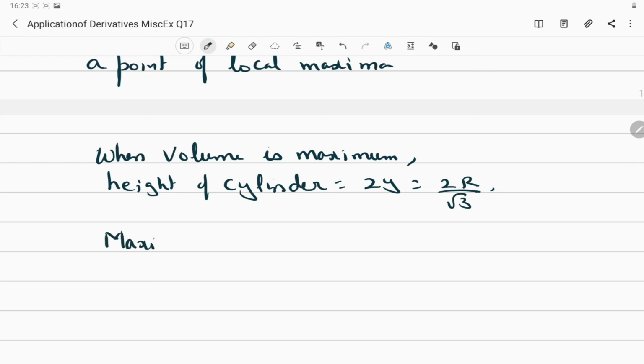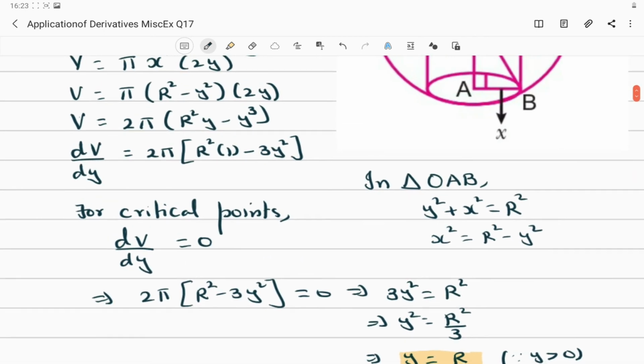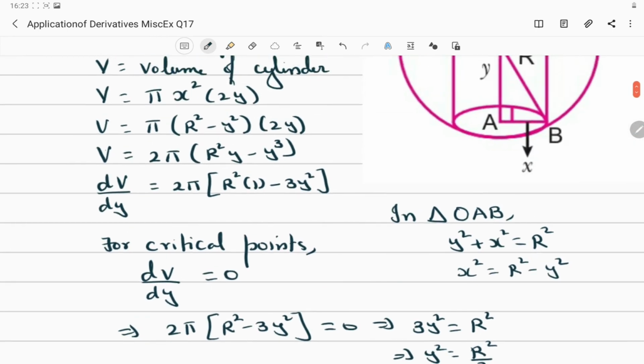So, the maximum volume is given by, let us substitute in the volume function in terms of y. So, we get pi into R square minus y square into 2y.